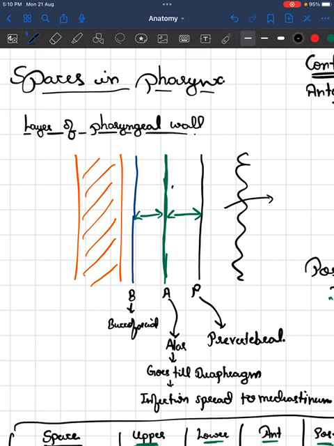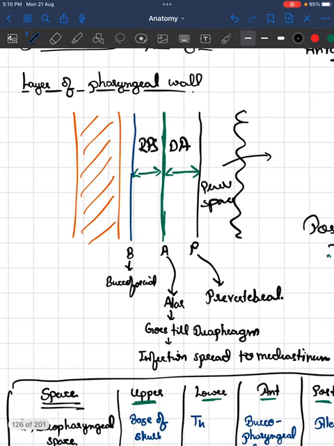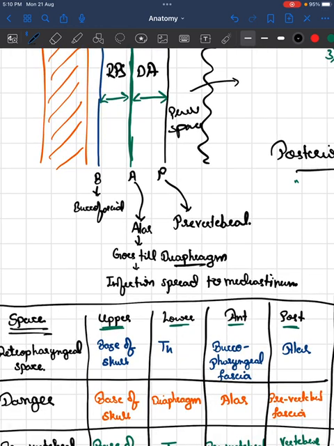Next, the dangerous area, present between the alar and prevertebral fascia. Next, the prevertebral space, present between the prevertebral fascia and vertebrae. The space between alar and prevertebral fascia is called the danger space because it goes till the diaphragm. So the infection can spread to the mediastinum.